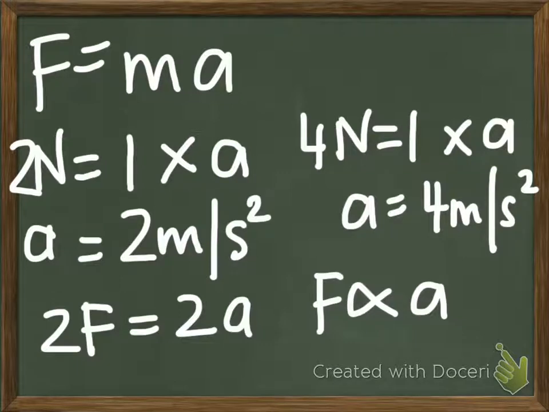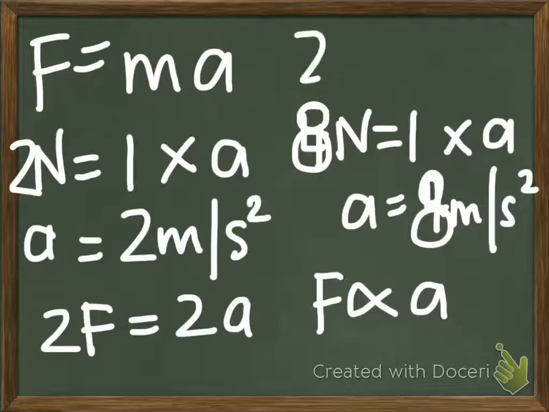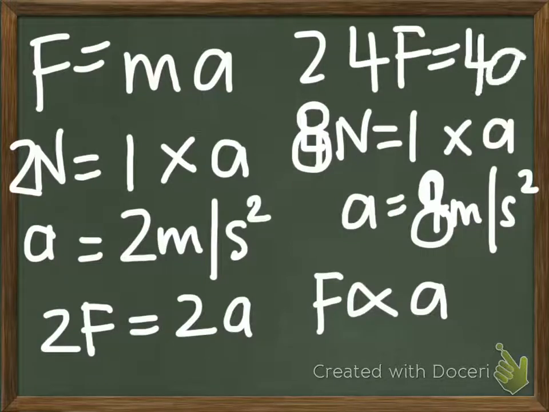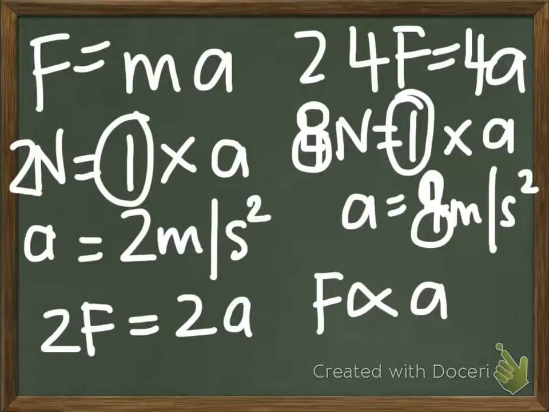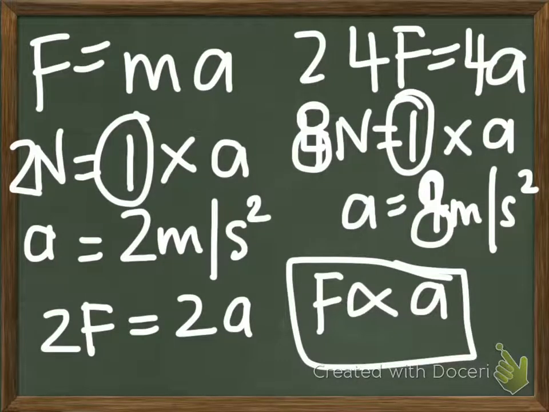So if I quadruple the force, from 2 to 8, then I have 4 times the force equals 4 times the acceleration. And obviously this only holds true if I'm keeping the mass constant, at 1 kilo. If I change the mass, then this rule does not necessarily apply, because we'd be talking about different objects.